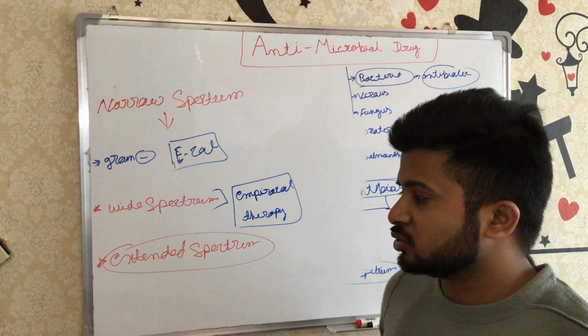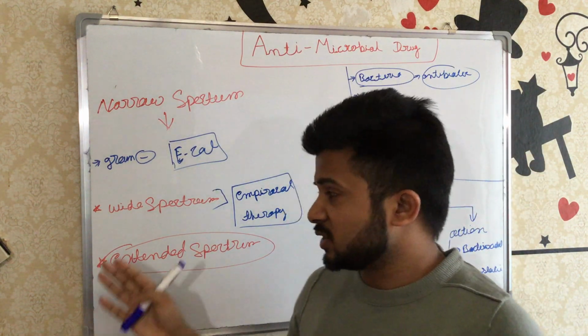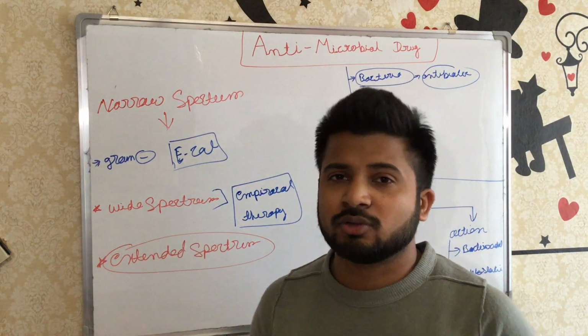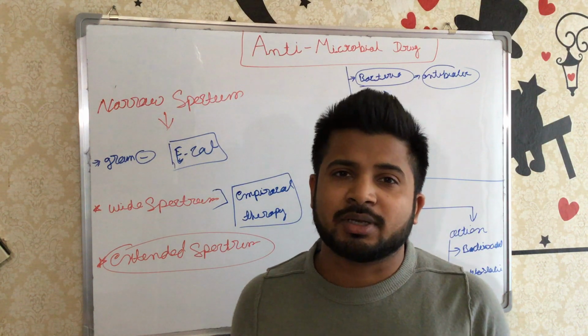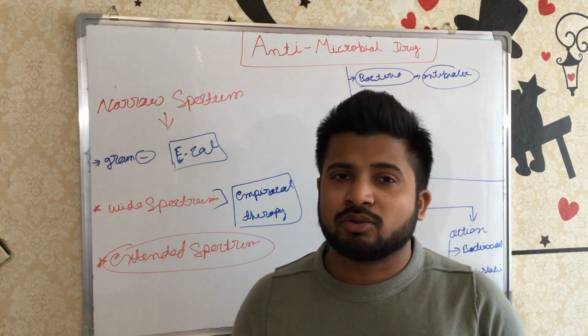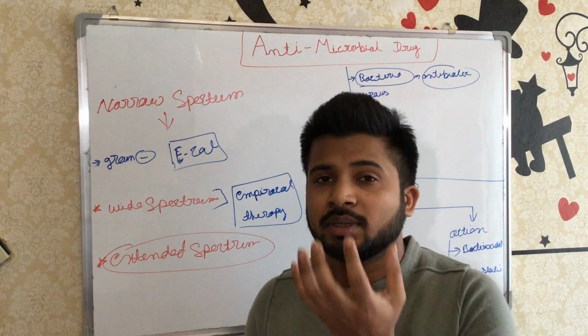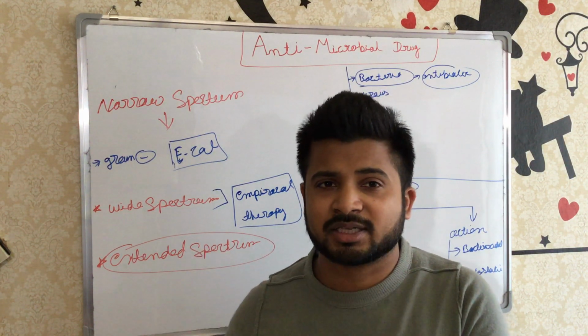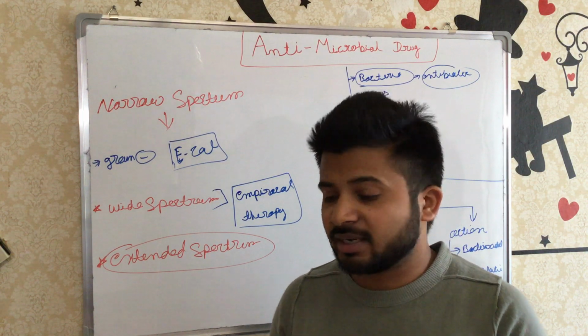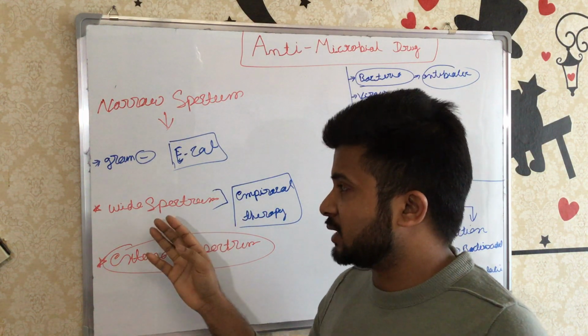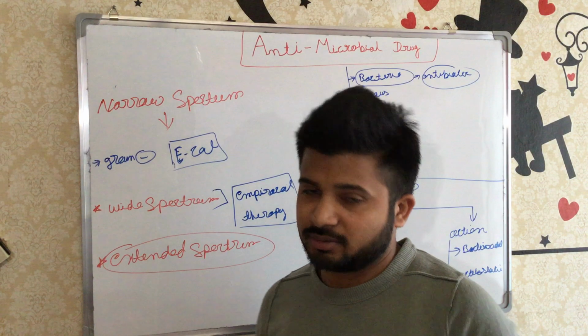Extended spectrum is also very rare, because if we first use the wide spectrum and no result develops, then you will investigate the particular bacteria. If you diagnose that the person has a typical, special bacteria that will not be killed by the wide spectrum, at that time we use extended spectrum.